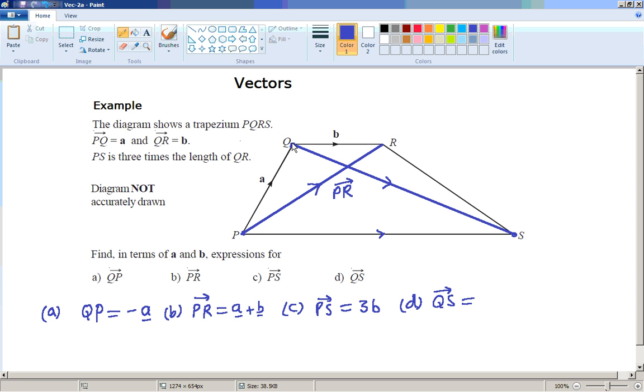So first from Q we go to P, then we go to S. Now we know the Q to P is minus A. Then we're going to go from P to S, which we already know is 3B. So we can write the positive vector first, so it's 3B minus A.